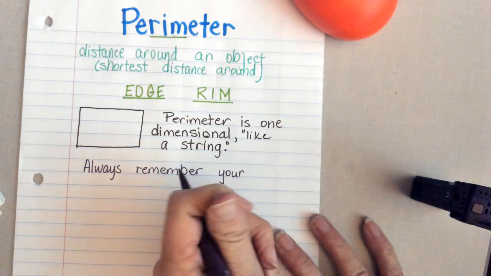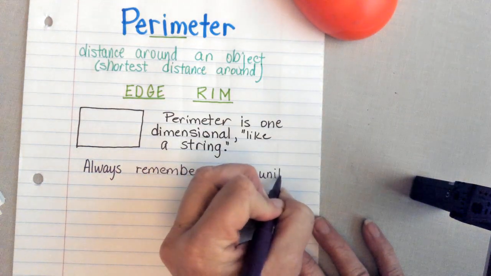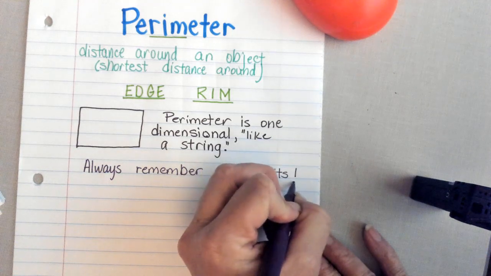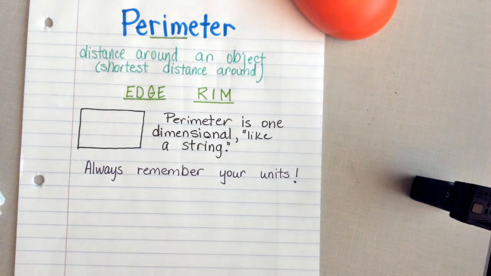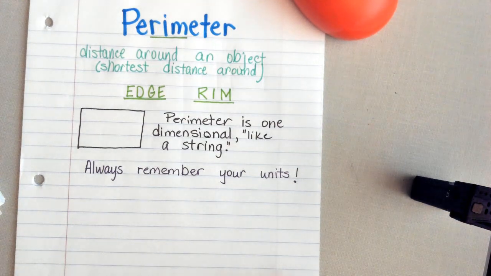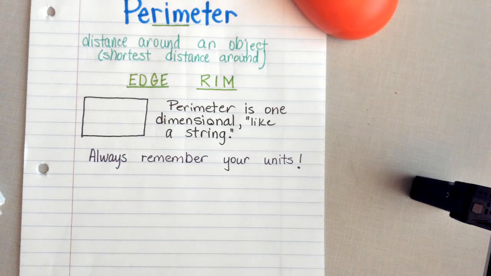Sometimes those will be just regular units. When we learn more about area, we'll be talking about square units. And then when we talk about volume, we'll talk about cubic units. So we want to make sure that we understand that. That again is why we're separating perimeter and talking about perimeter separately from area and volume.